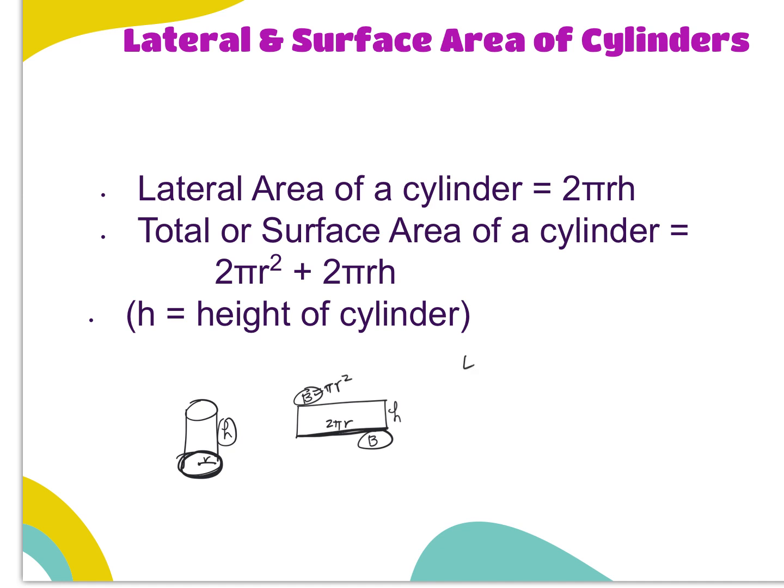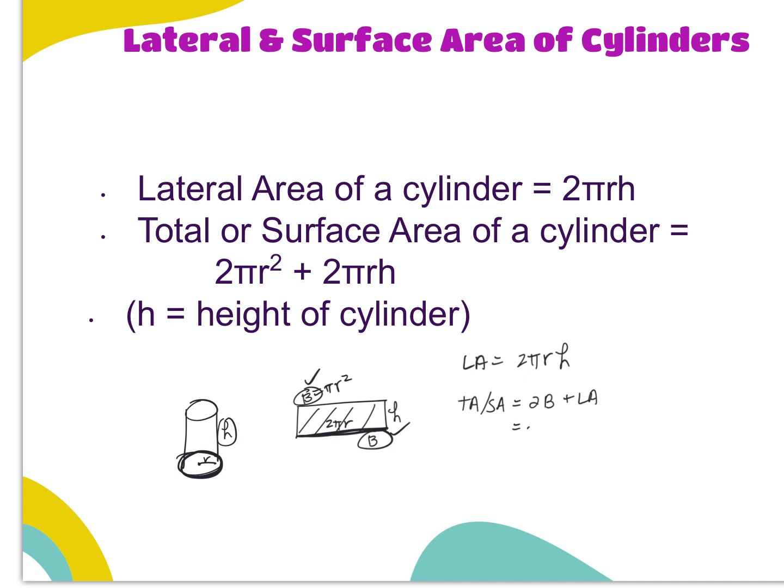So this lateral area of a cylinder is the area of this rectangle, so it's going to be 2 pi r times h. The total area, or the surface area of the entire cylinder, is going to be twice the area of the base, because there's two bases, plus the lateral area.